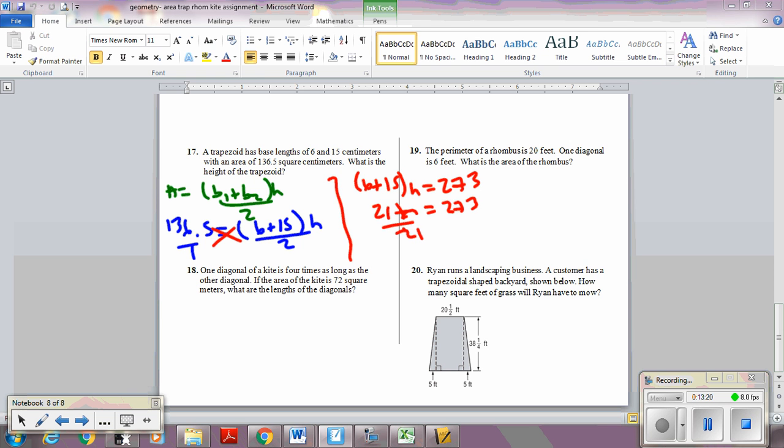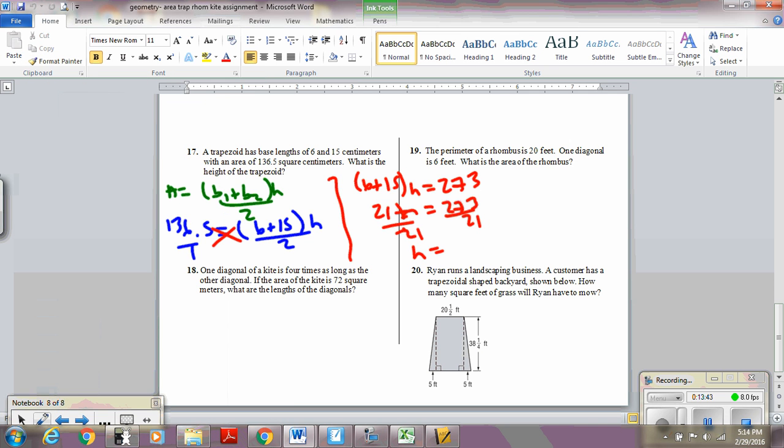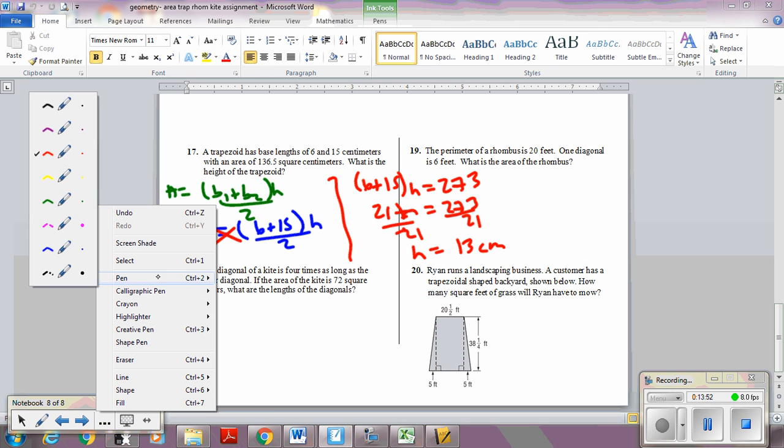Divide by 21 on both sides. And you get h equals 13. And that would be centimeters. And number 19 is the last problem.